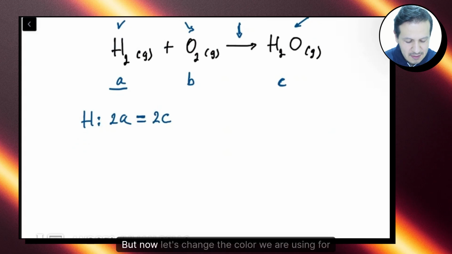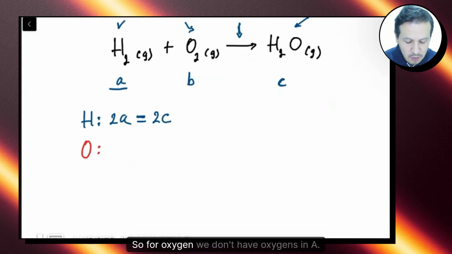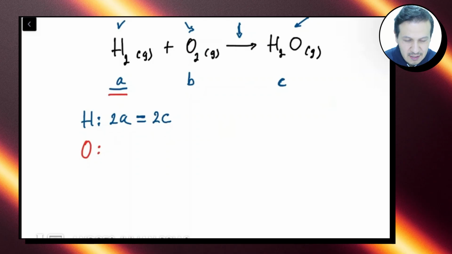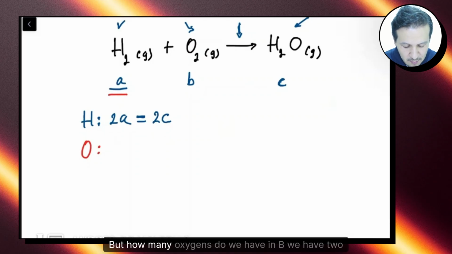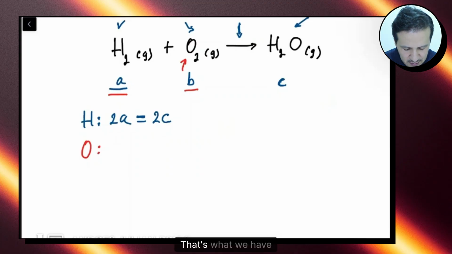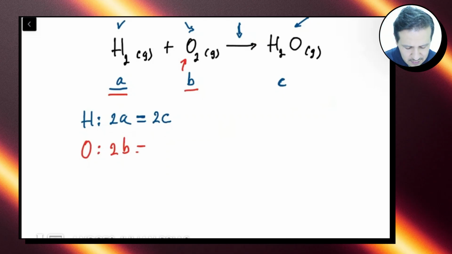But now, let's change the color we are using for oxygen. For oxygen, we don't have oxygens in A, that's why we skip A and we put B. How many oxygens do we have in B? We have two oxygens in B, that's why we have 2B. Do we have oxygens in C? Yes, 1. So that's why I put C.